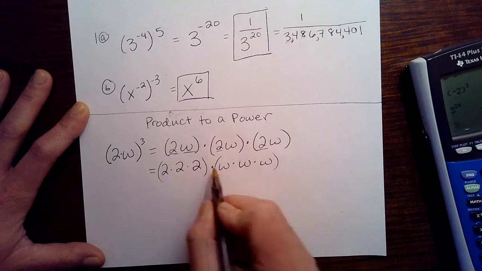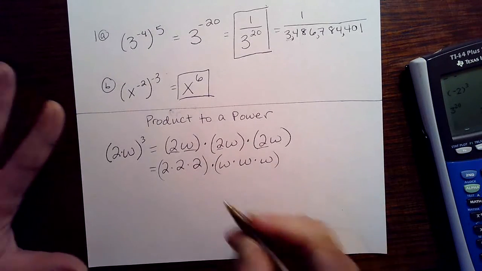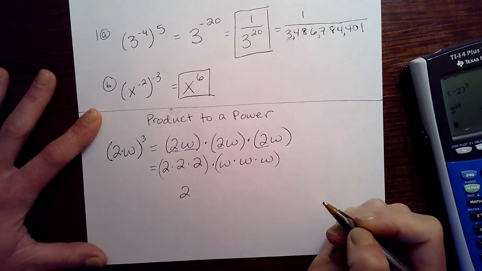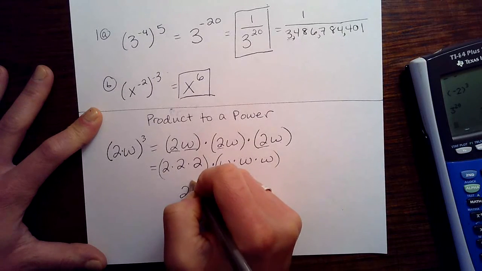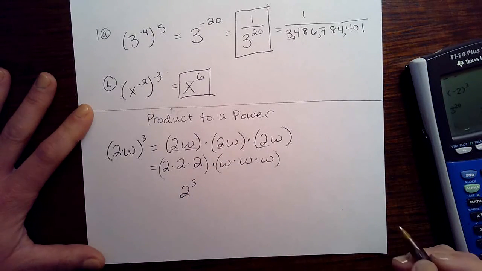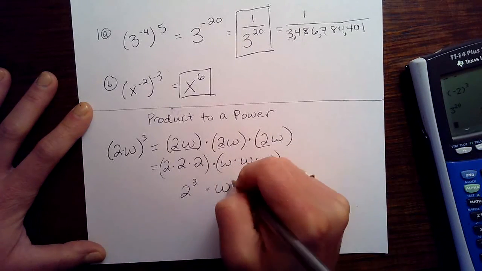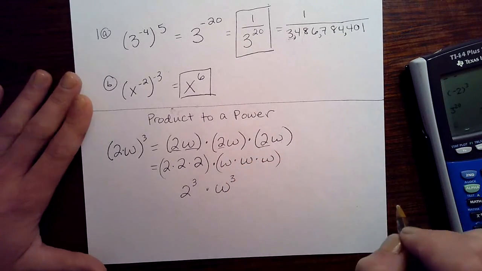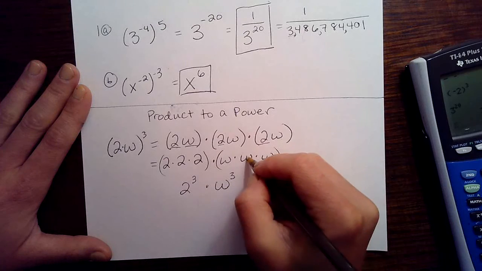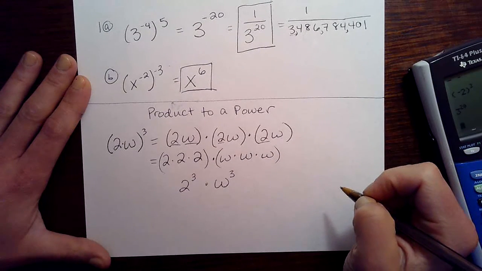Well, what is 2 times 2 times 2? Well, it's 8. But if I want to write it as a power, it's 2 times itself 3 times, or 2 to the third. And w times w times w, the only way we can simplify that is to write it as a power. W to the third power.